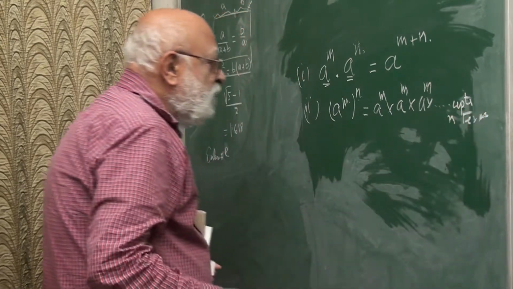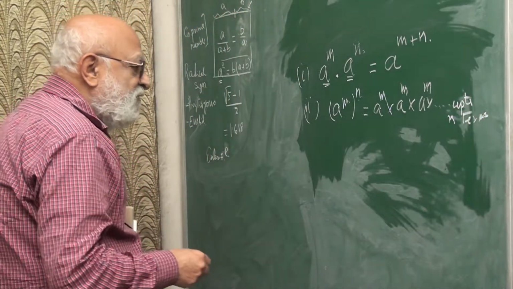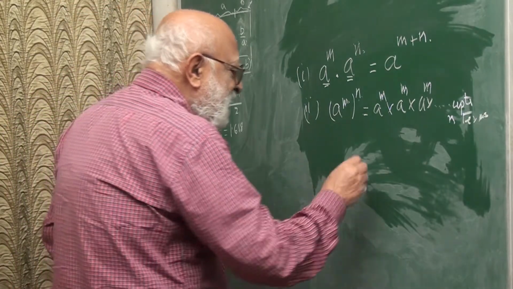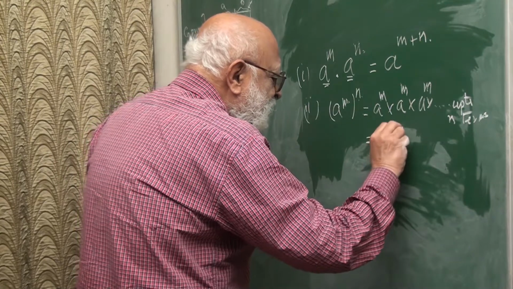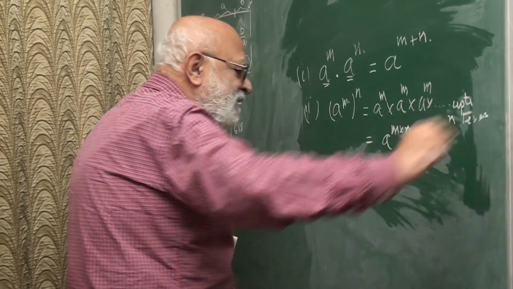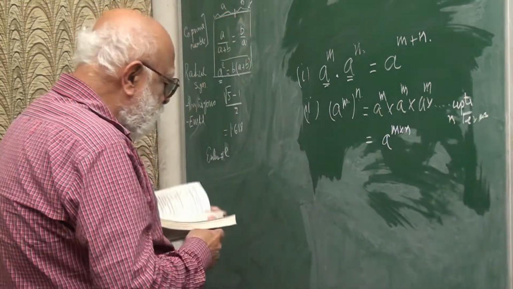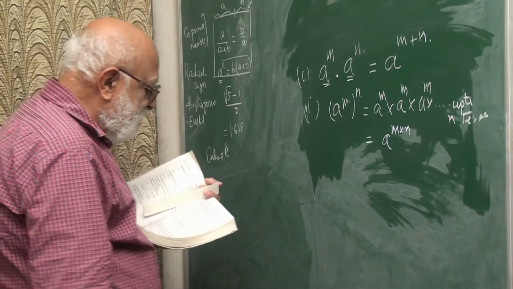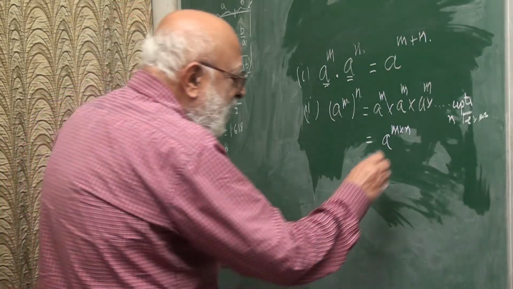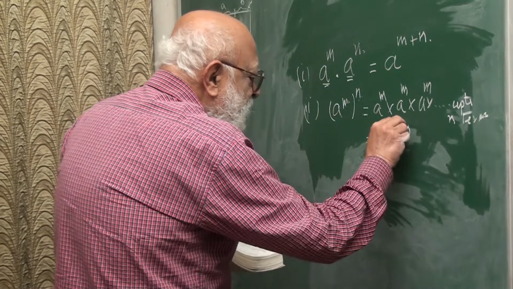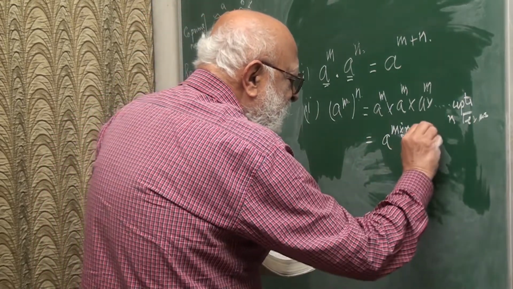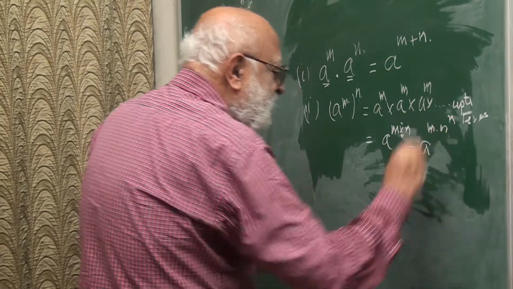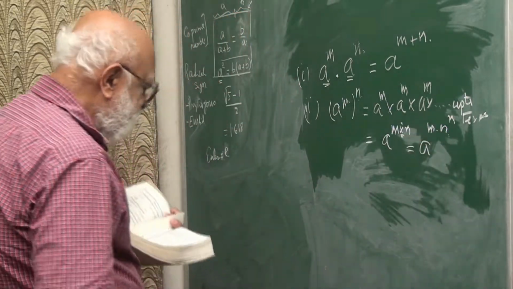So if we take the previous rule, then I can write this as a to the power m into n. So this is multiplication. A to the power m into n, or you can also write a to the power m dot n.